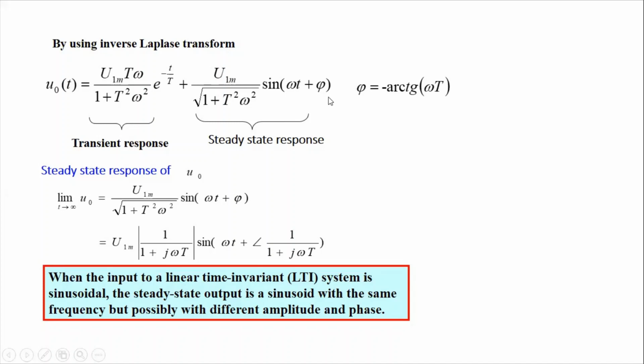Apart from this, we have one more term, that is the phase angle. Look into this part later. As of now, understand that even if you obtain the time domain output for a sinusoidal input, we will end up with two parts like this.